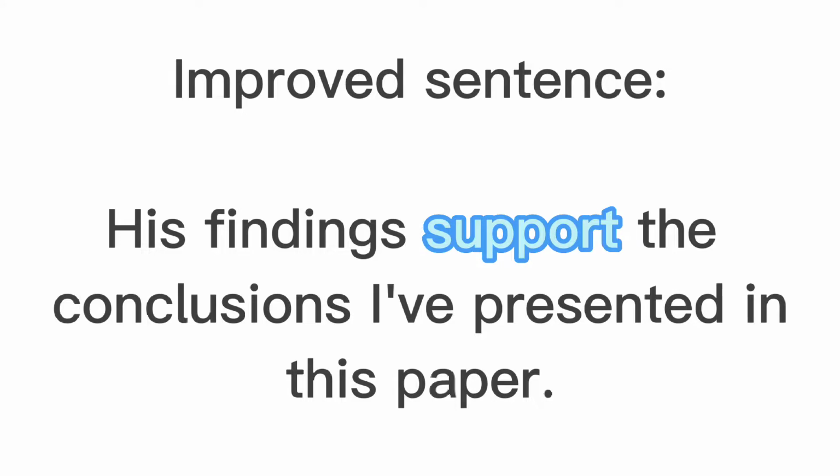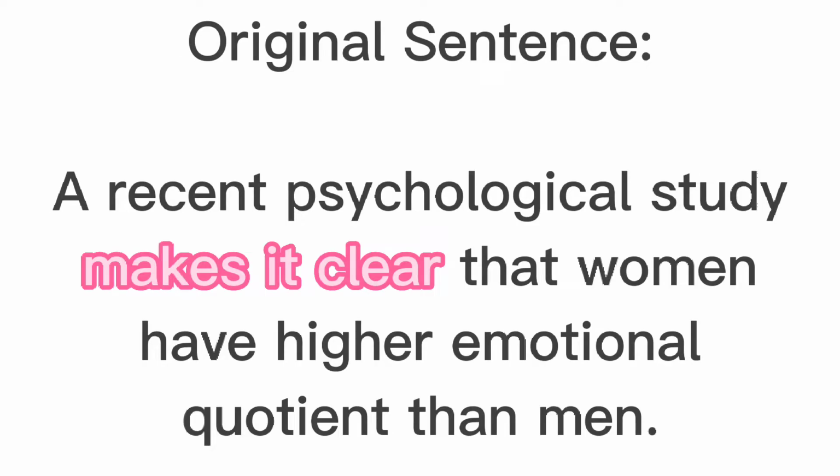Let's take this original sentence: A recent psychological study makes it clear that women have higher emotional quotient than men. Now we can still improve this. What could be verb or verbs that can be substituted for makes it clear?